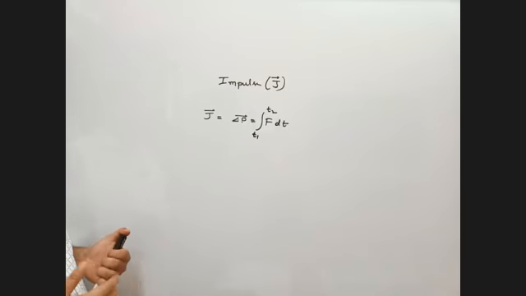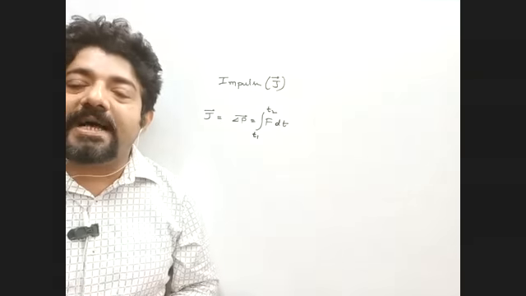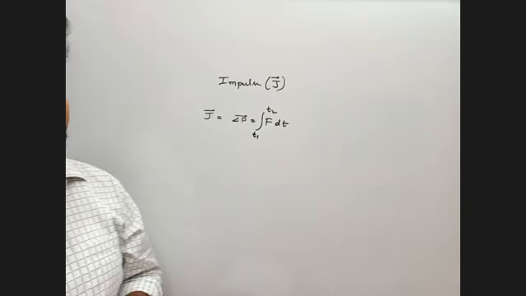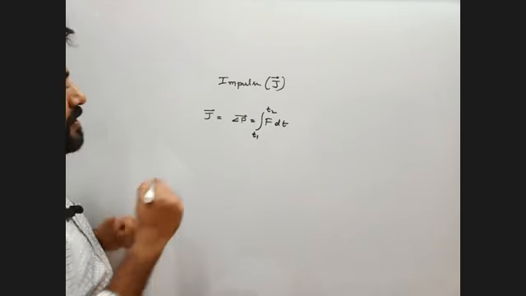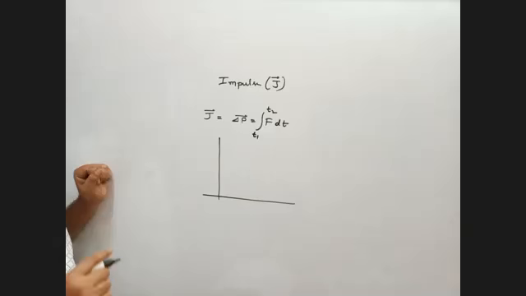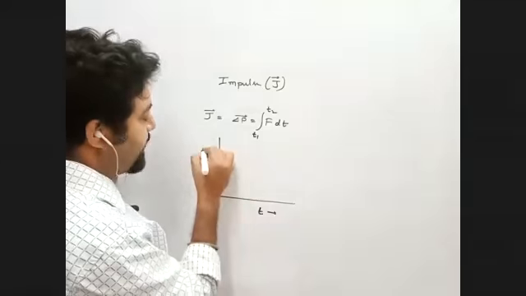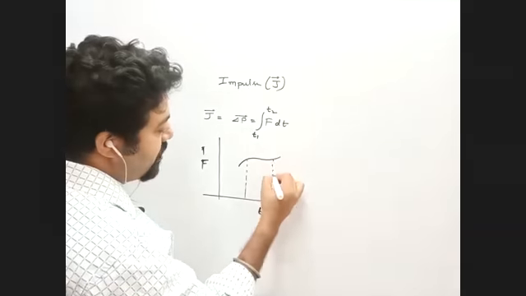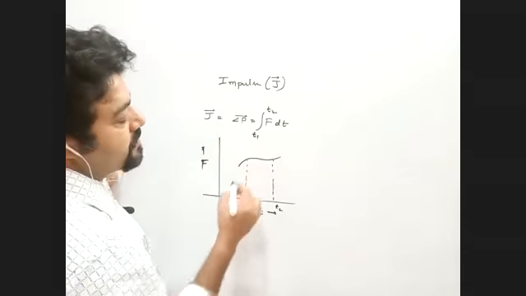So in the exam they can ask you for impulse in terms of change in momentum, or they can give you the force and ask you to find the impulse within that time. If you want to write it graphically, suppose this is the force and this is the time, and in a very small interval between t1 and t2 you want to find the impulse.